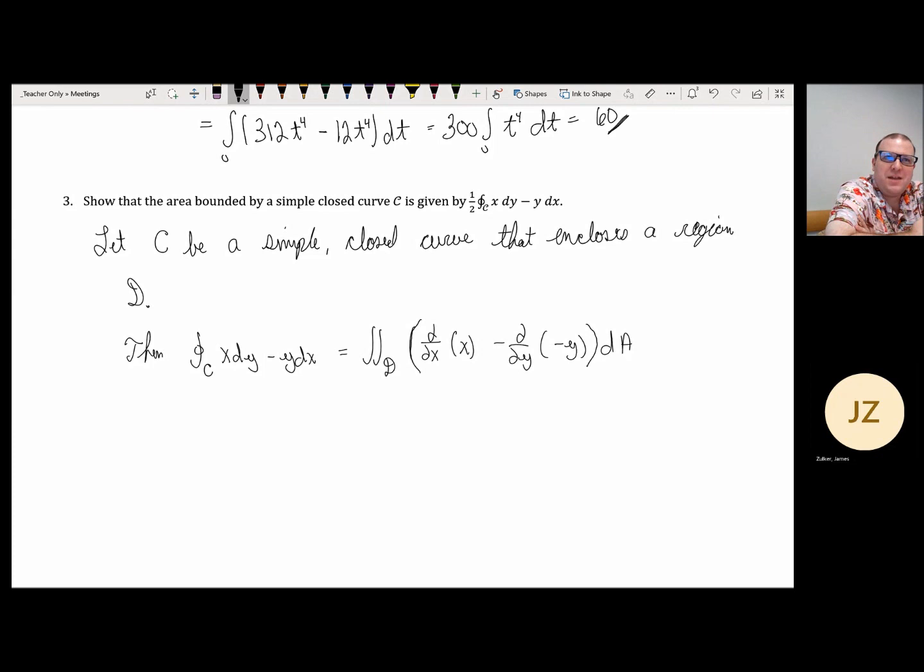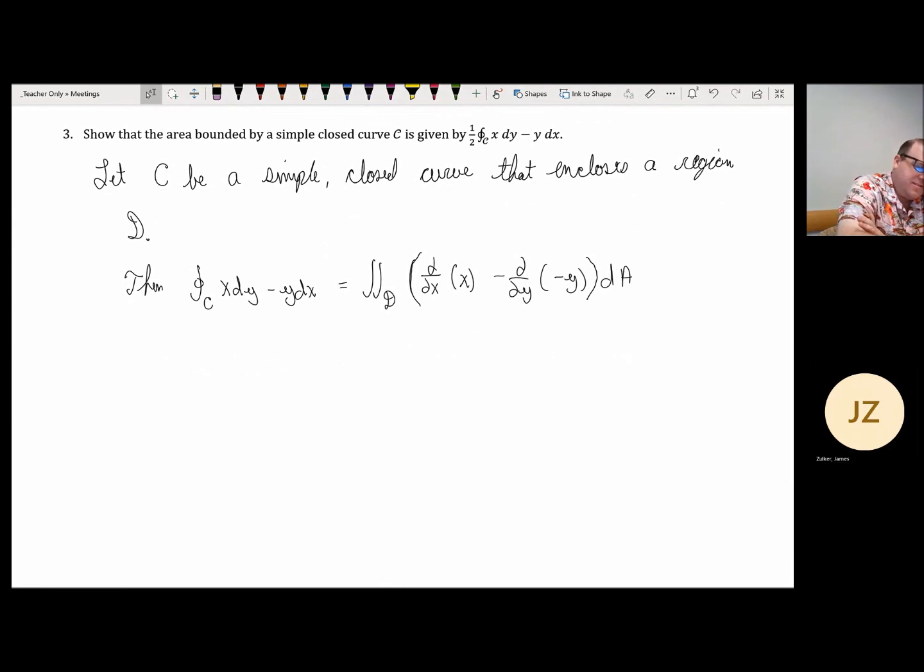Okay, do not be fooled by the order in which it's written. F is not x comma negative y. It's negative y comma x. That's 1 minus negative 1, isn't it?